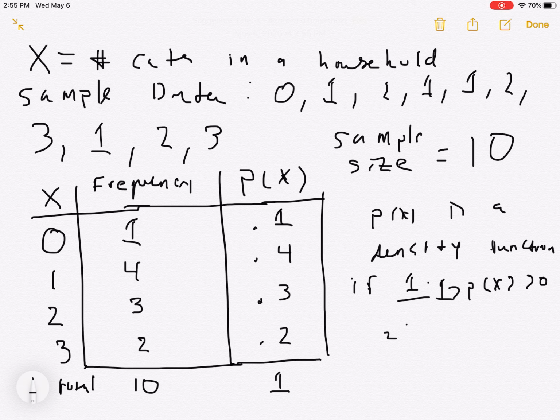And 2 is that the sum over all outcomes, so minus infinity to infinity of P of X, those add up to 100%. Now, when X is not between 0 or 3, the probabilities are 0, so this minus infinity to infinity still makes sense.